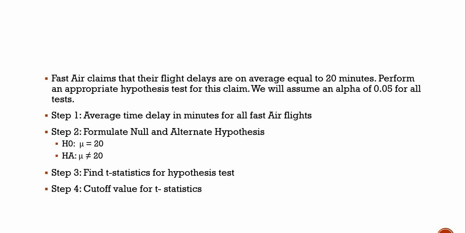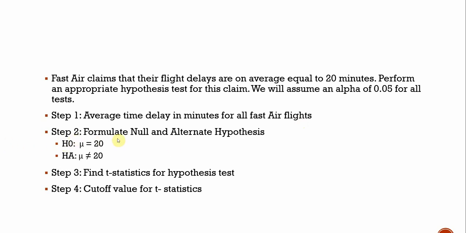We will assume an alpha of 0.05 for all tests, that is a 95% confidence level. The first step will be to calculate the average time delay in minutes for all the Fast Air flights. So we'll be calculating the mean and the standard deviation for the given sample of data.